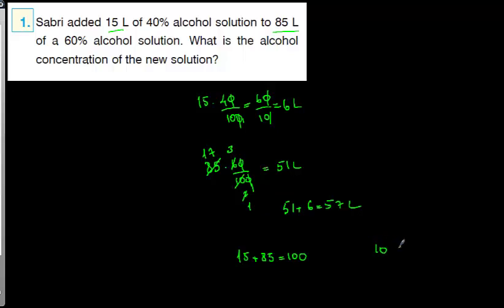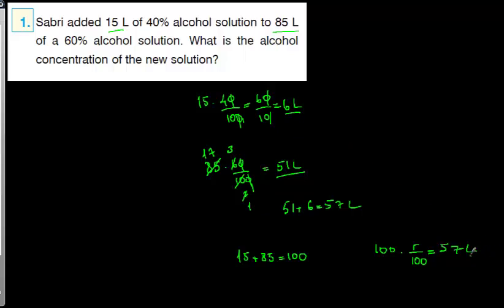And you're trying to learn the percent of alcohol in your solution, with respect to 57 liters. Why 57 liters? Because we found that there is 6 liters of alcohol in the first solution and 51 liters of alcohol in the second solution. When you mix them, the alcohols also mix.